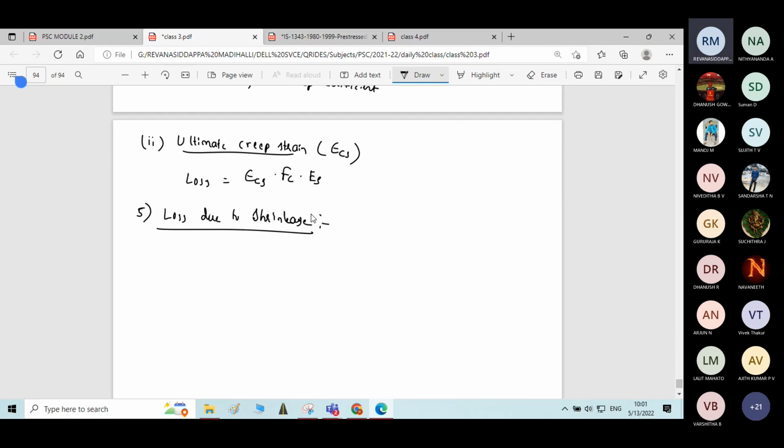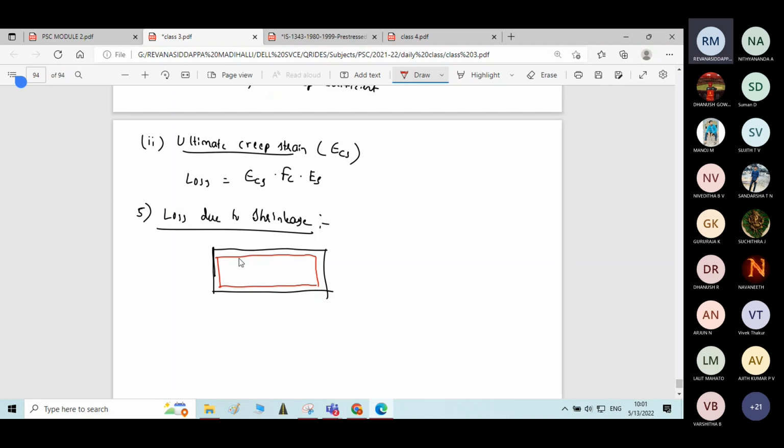What is the meaning of shrinkage? Shrinkage is reduction in the volume of concrete over a period of time. Why will the reduction of the volume of the concrete take place? In the actual volume of the concrete, there will be some reduction.